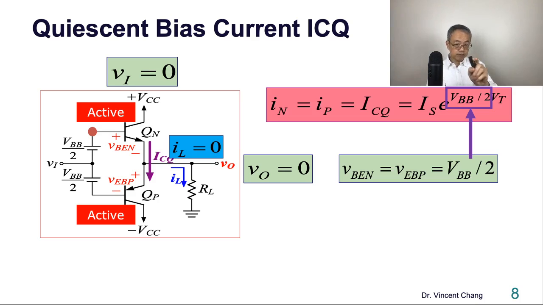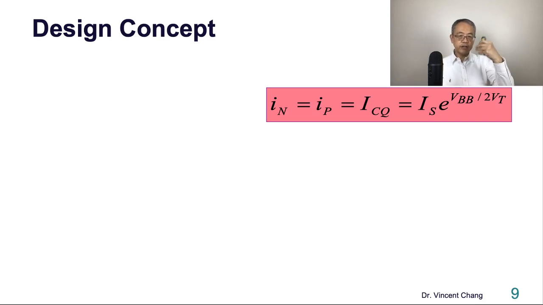Pay attention to the purple current on the left. With no signal input, DC bias, there's a bias current called ICQ. Here's the design concept. ICQ is the key. But who controls ICQ? The VBB, right?